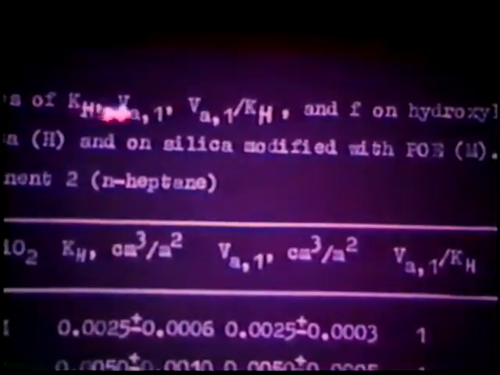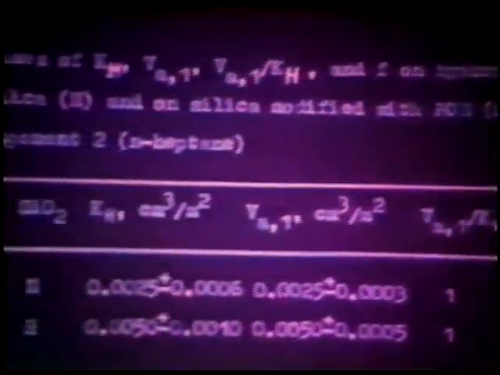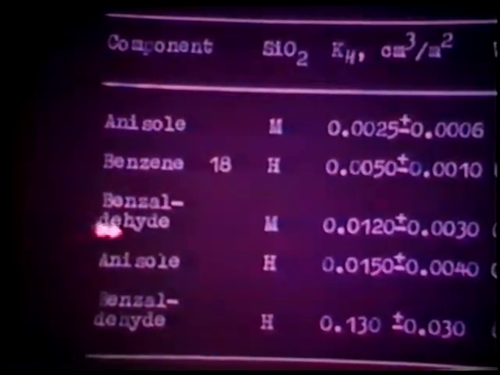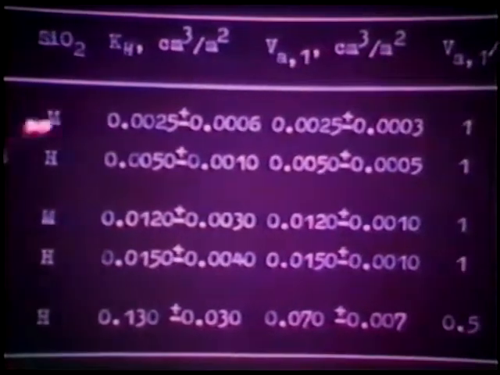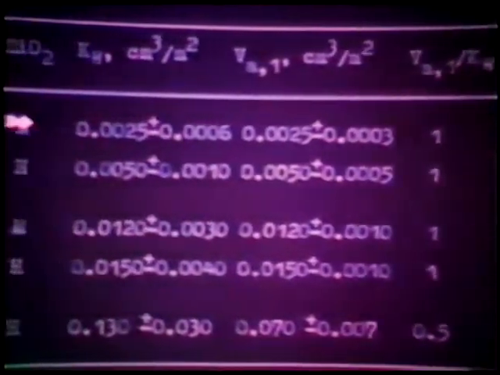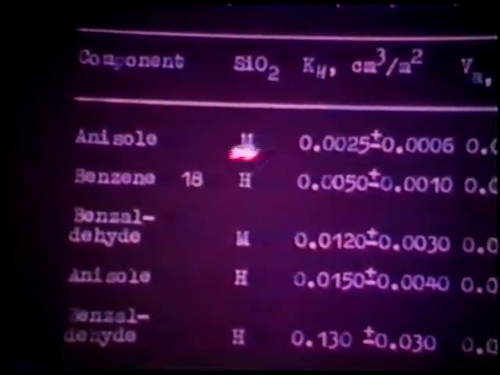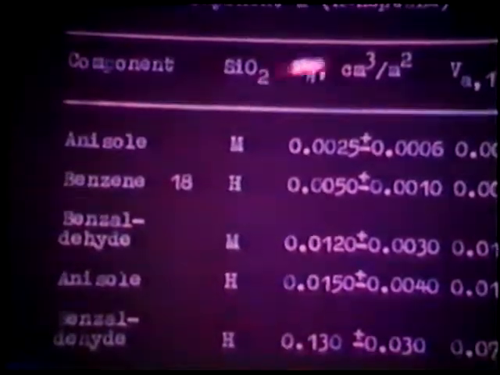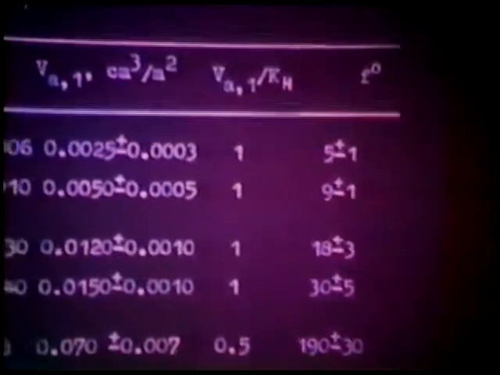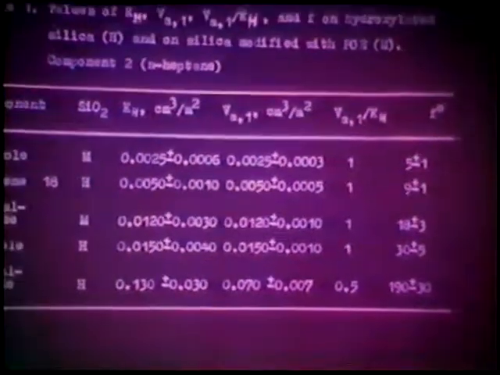Here we see the values of the equilibrium constant and Henry constant for the substances under investigation: anisole and benzaldehyde. M is data for the modified adsorbent, and H is for the non-modified adsorbent. The modification is polyethylene oxide.